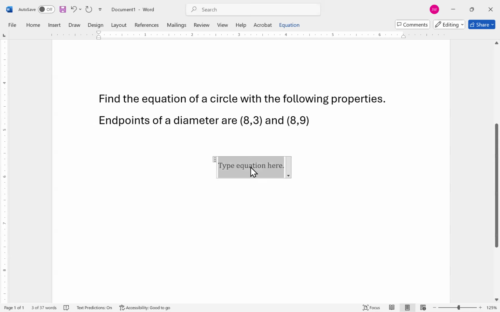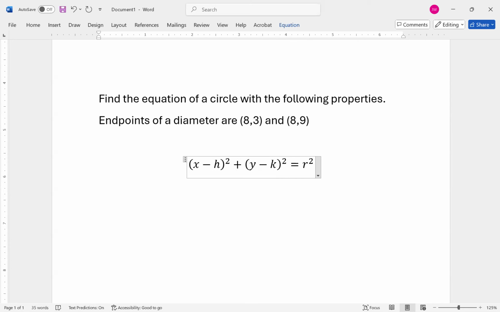What I generally do in cases like this is I think back to the standard equation of the circle. That is (x - h)² + (y - k)² = r². So if I just know the center and the radius, then I can plug those into this equation and figure out the equation of my circle.